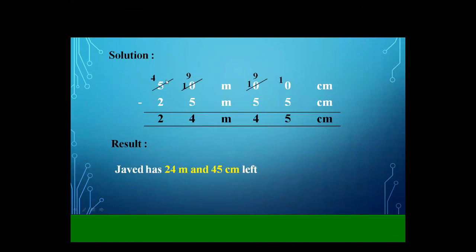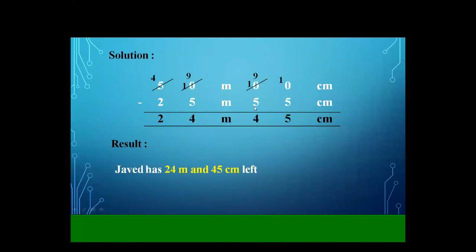When 5 gives borrow to 0, it will become 10, and here what is left? 4. When this 10 gives borrow to this 0, it will become 10 and it will become 9, and when this 10 gives borrow to this 0, it will become 10 and it will become 9. Step by step you solve, you give borrow in the case upper digits are 0.